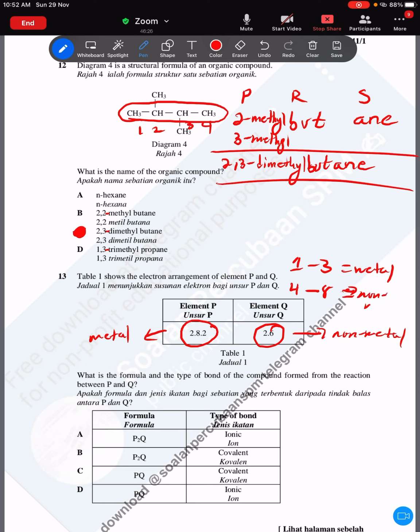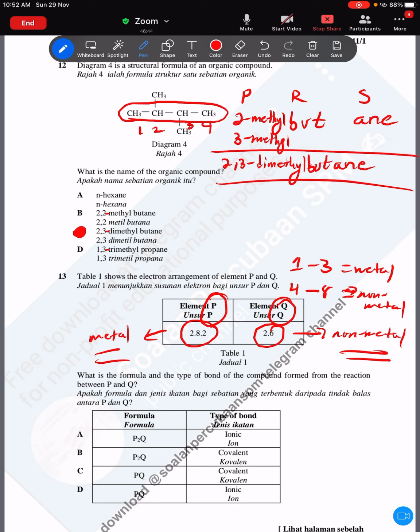That is how I identify which it belongs to. Therefore, you have P and Q, a metal and a non-metal. What kind of bond am I going to have? Therefore, it's going to be ionic bond.